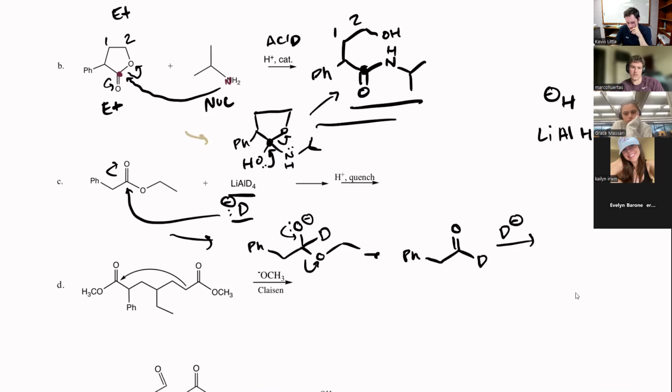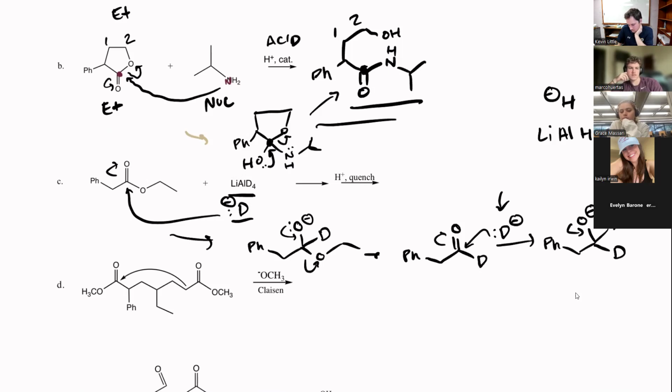Let's say I have more of this sitting around. This is still a nucleophile. What is this? An electrophile. What can happen? Attack. But then you're left again with the same problem. I broke a carbonyl.